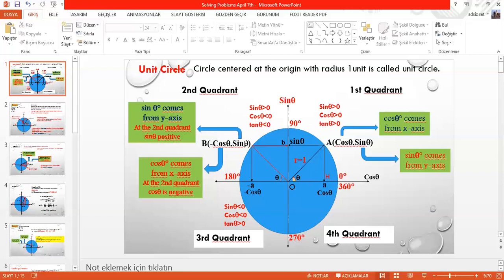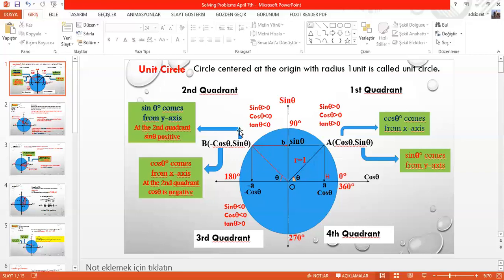Why is it negative cosine theta? Cosine theta is positive, we said it's A. But in this part, cosine theta comes from the x-axis, so it should be negative. So we should write minus cosine theta here. Sine theta always comes from the y-axis, so it is positive.